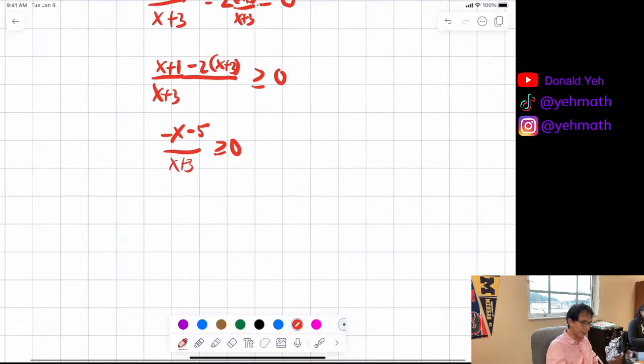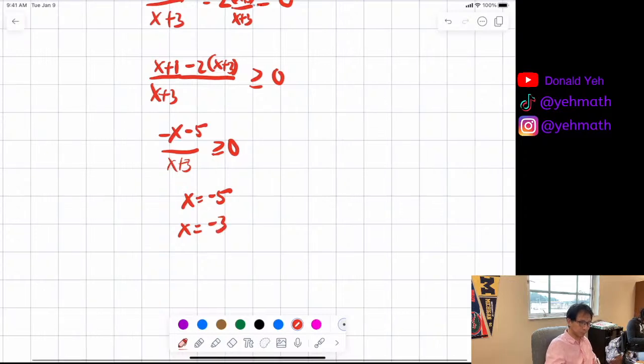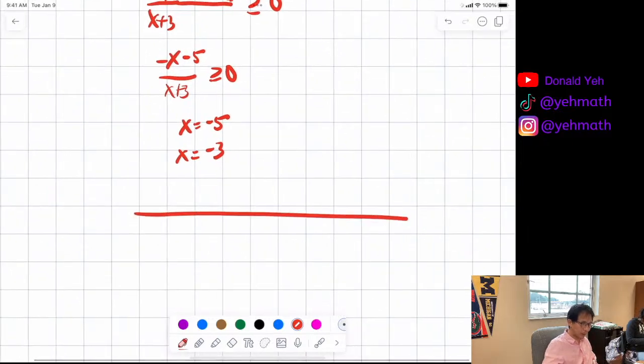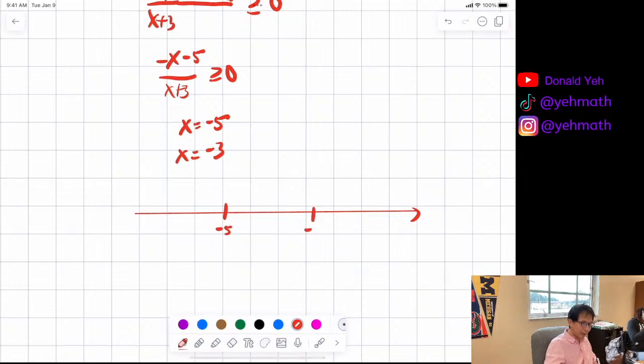So where are the zeros? -5, right? And -3. At -5 and -3.